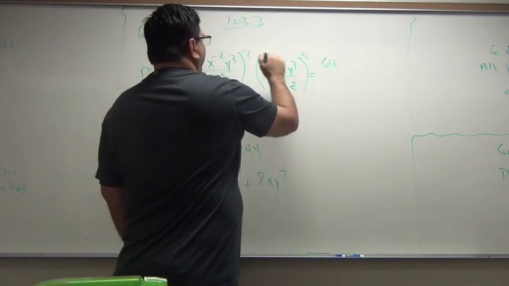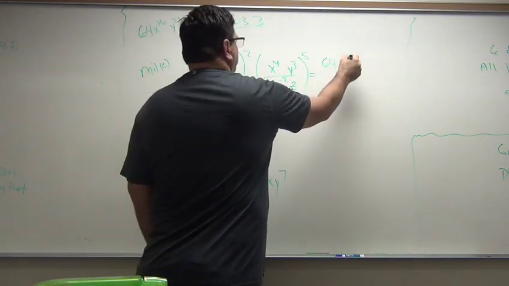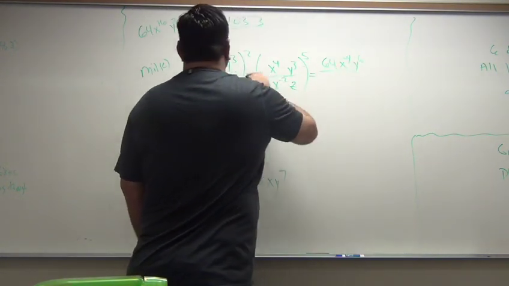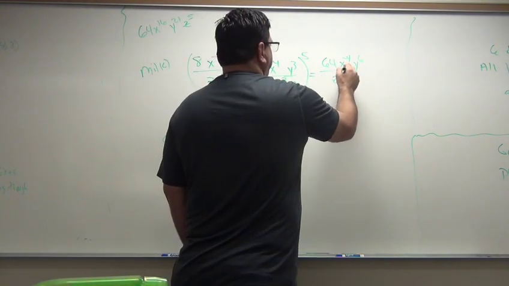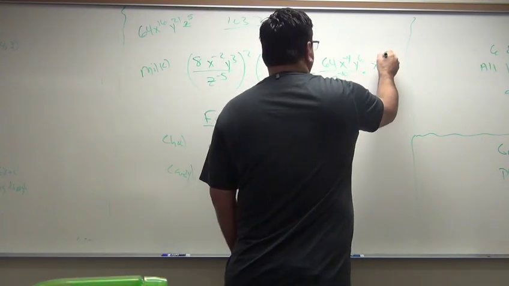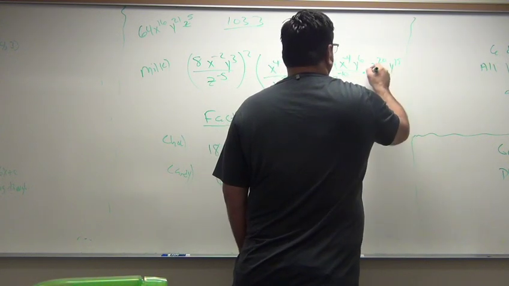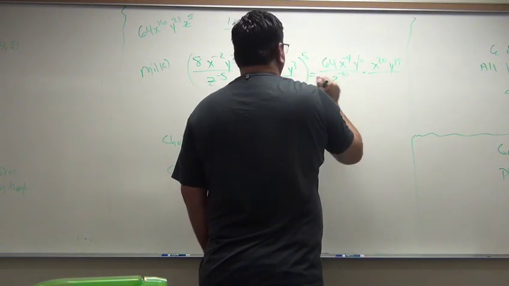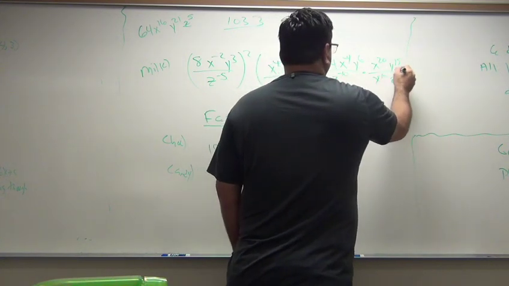64 x to the -4, y to the 6, z to the -10 is going to be on the bottom, times x to the 20th, y to the 15th, x to the -10, z to the 5th.